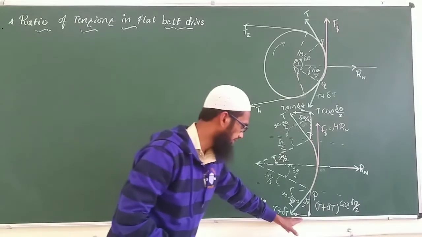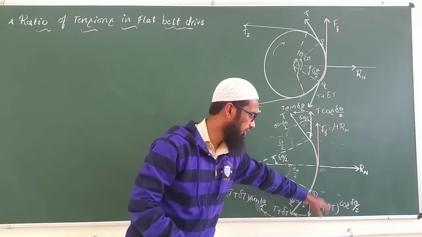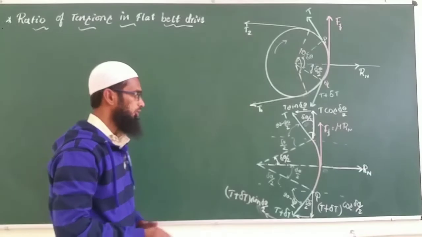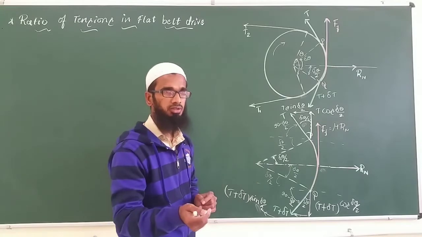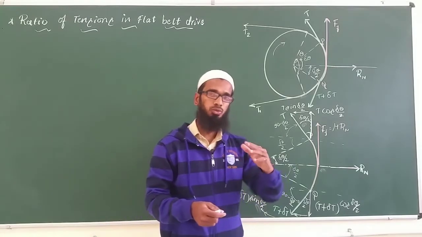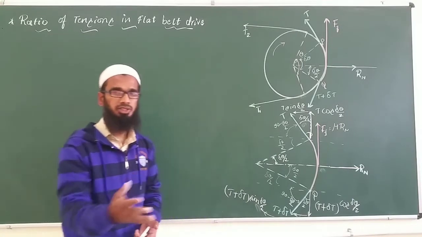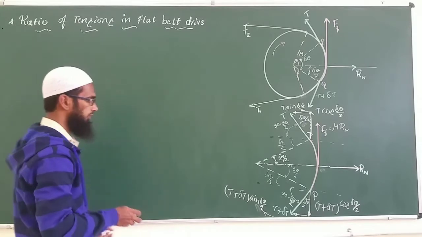So this is our horizontal component, and (T + dT) cos(dθ/2) will be the vertical component. If we take the components by resolving the forces vertically as well as horizontally, we can easily get the relation between T1 and T2, that is the ratio of tensions in the belt.